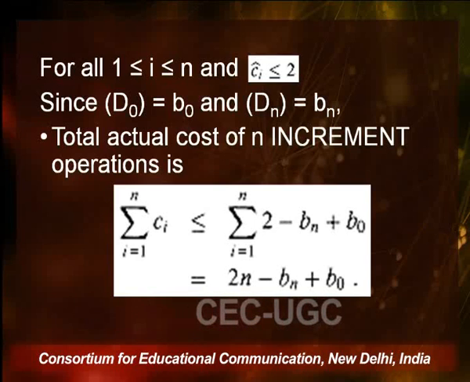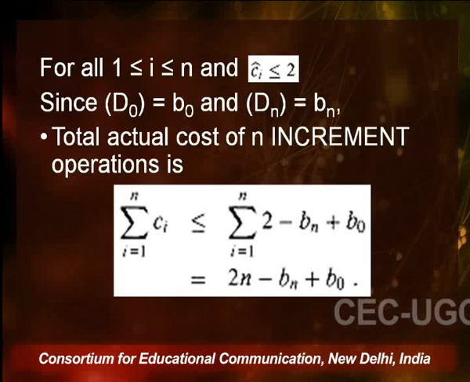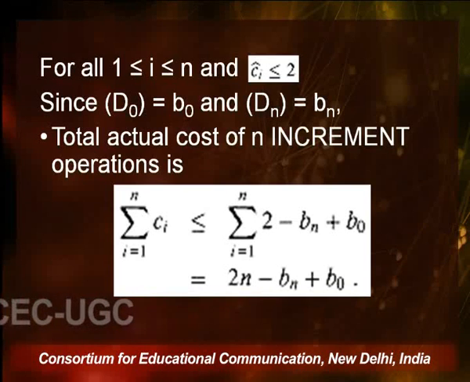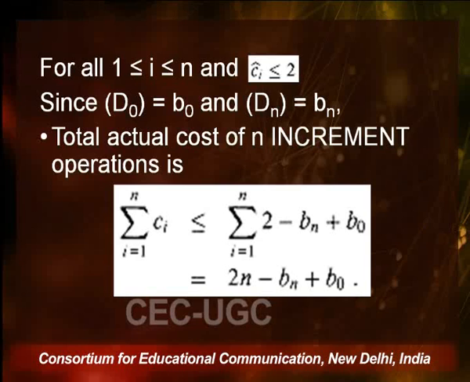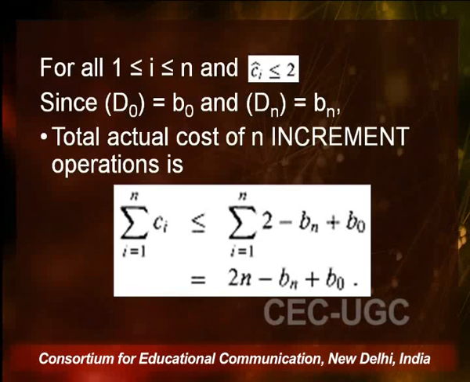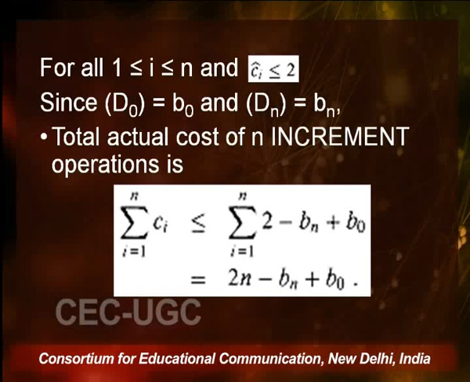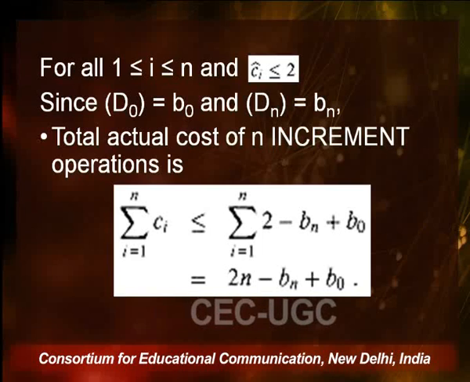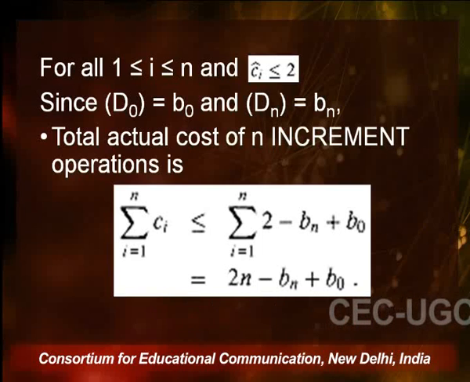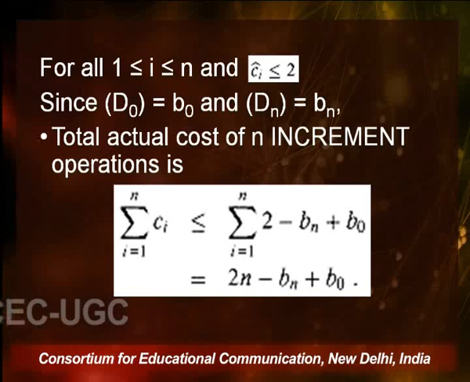So, the total cost for n increment operations, if we put all these terms into the expression, is that the aggregate actual cost for n operations is less than or equal to the aggregate amortized cost of n operations plus the potential difference, which is minus Bn plus B0.